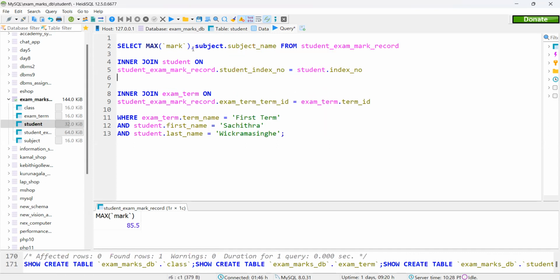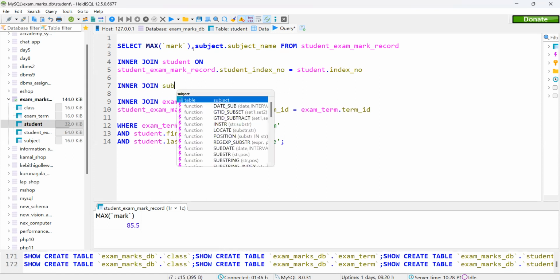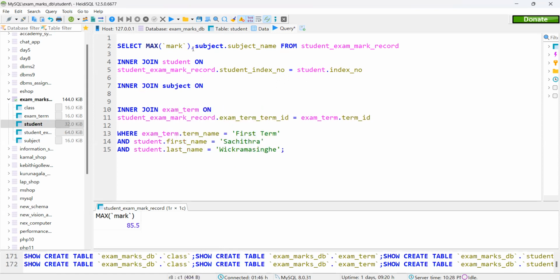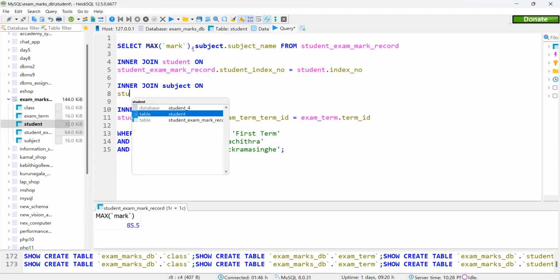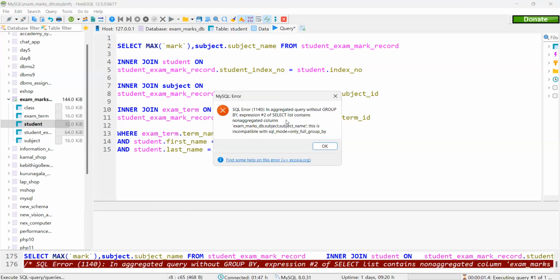To find the subject name, we need to join our subject table on student mark record table subject ID and subject table subject ID. Let's see what the subject is. There is an error.